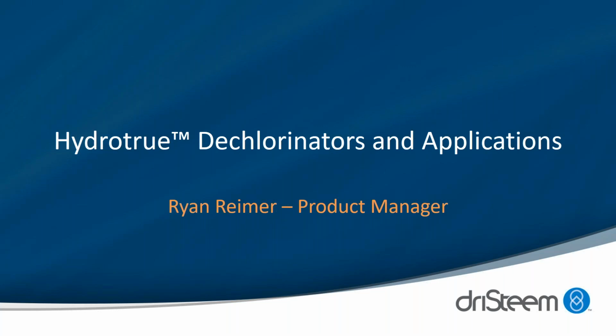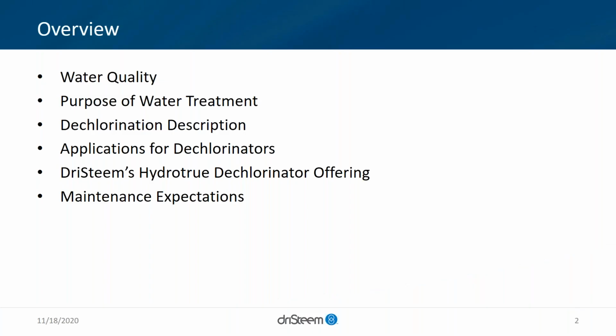Hopefully, most of you got to see the first one in a series with the softener applications and what DriSteem has to offer. This will be a continuation of that training, talking about dechlorinators as a technology and what our particular offering is. The overview of today, we're again going to start with water quality and the purpose of water treatment.